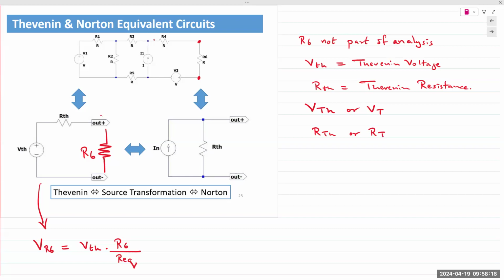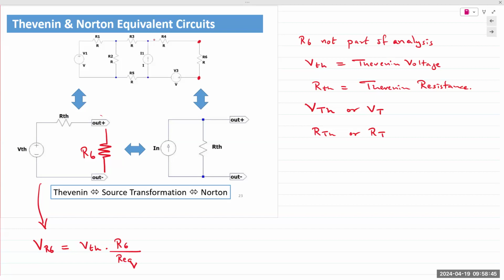A few decades after this theory came about, there was an engineer working for Bell Labs. He was working in audio applications. Audio applications use a lot of current sources for theoretical analysis. His name was Edward Norton, like the actor, but not the same guy.